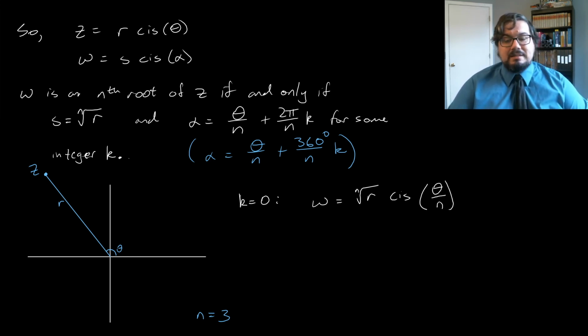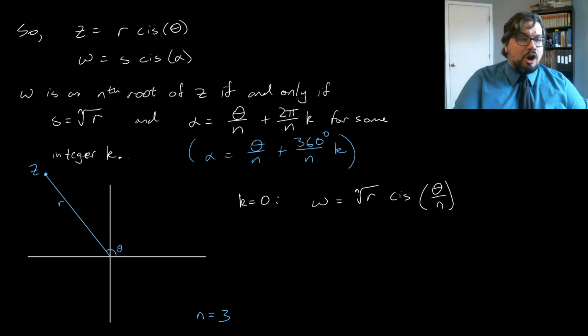So that means that w is going to be the complex number whose magnitude is the nth root of r, in this case the cube root of r, and then has an argument, an angle that's 1/3 the length of theta.